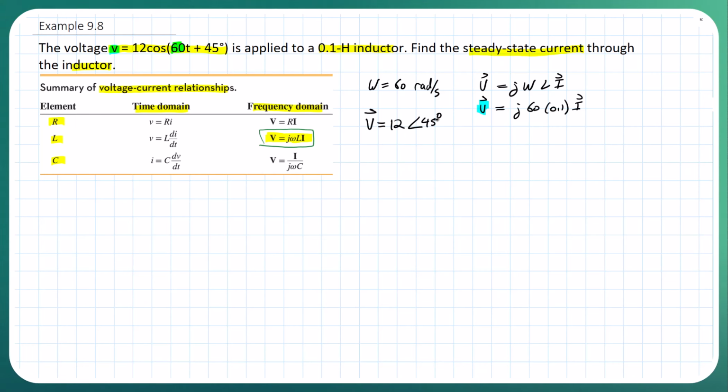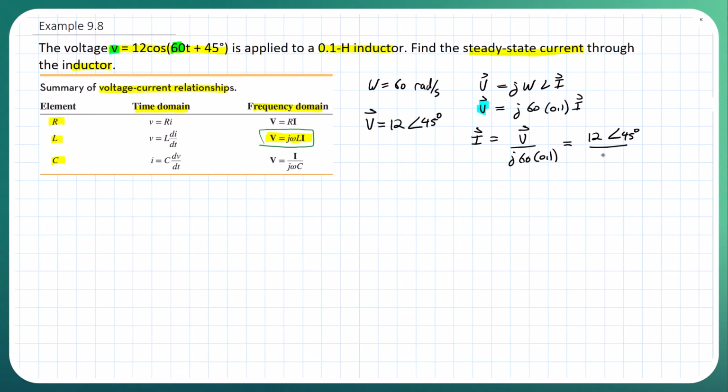So we can substitute that in and rearrange the equation. I is equal to V over j 60 times 0.1, and we'll plug in the V, which is 12 at 45 degrees.